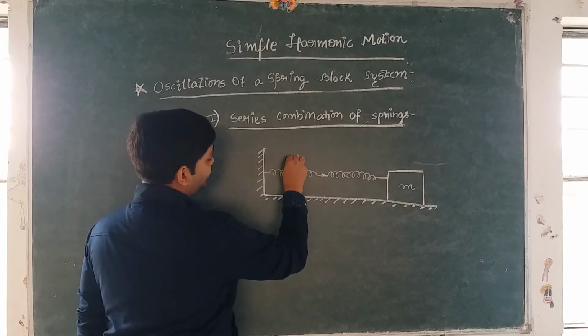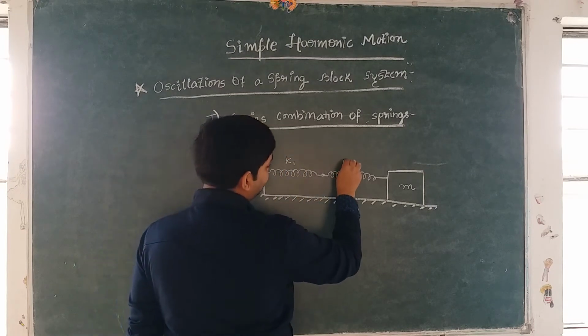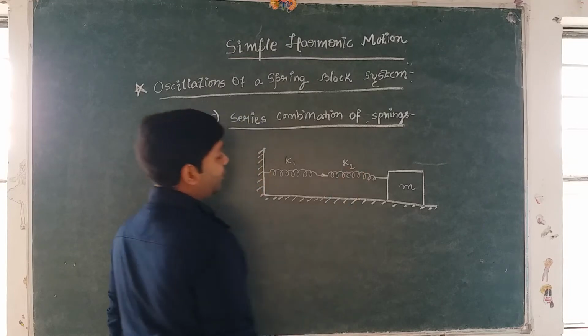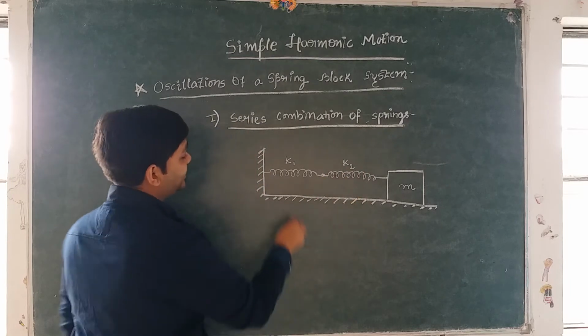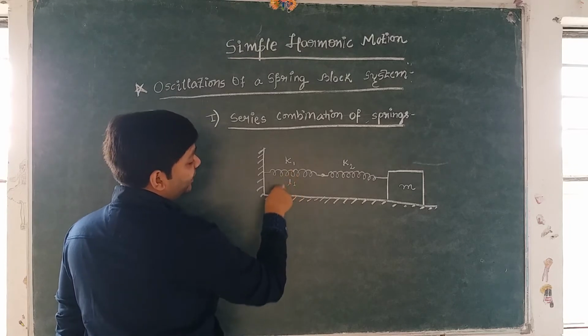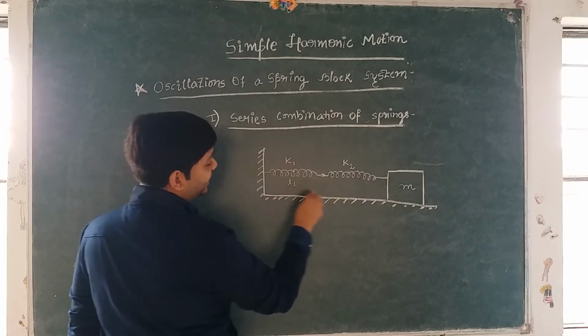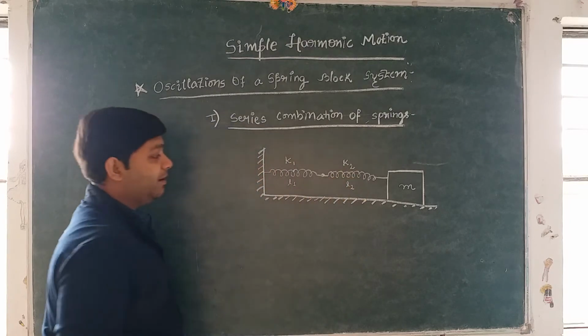Let's say the spring constant of this spring is K1, and let's say the spring constant of the second spring is K2. The natural length of the first spring is L1 and the natural length of the second spring is L2.